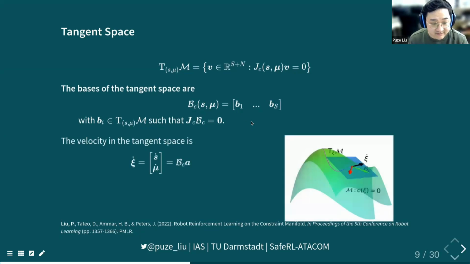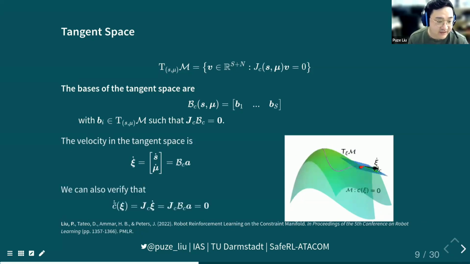After determining this, we can use the basis to determine the state velocity xc dot, which is composed of mu dot and s dot. We can determine this velocity on the tangent space, which ensures that the velocity of the constraint violations equals 0. Basically, the Jacobian C times the basis C times AC is equal to 0.